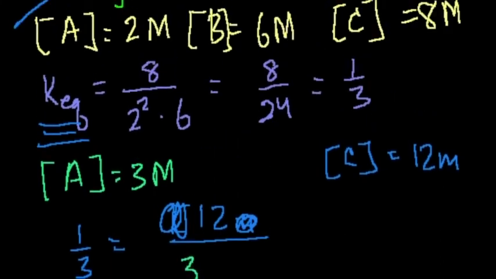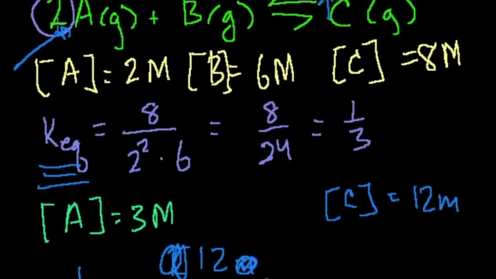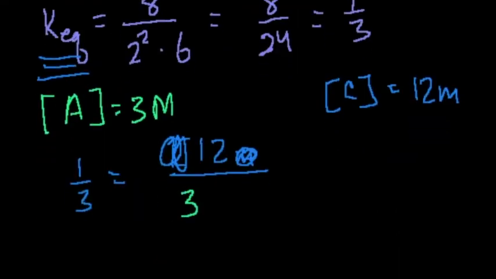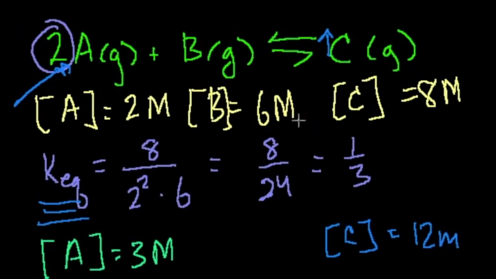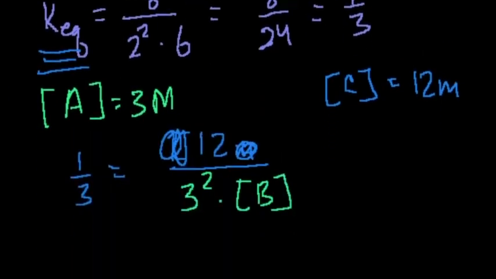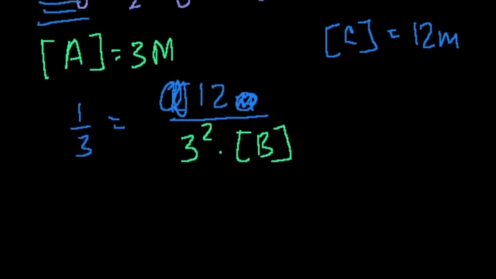But remember the reaction: the coefficient on A is 2, so it's 3 squared. Times the new concentration for B. Right, there's no coefficient here, so I don't have to worry about any exponents. And let's just solve this. So you get 1/3 is equal to 12 over 9B.